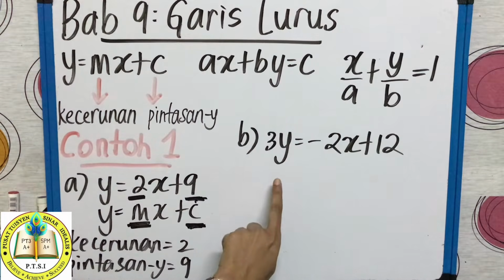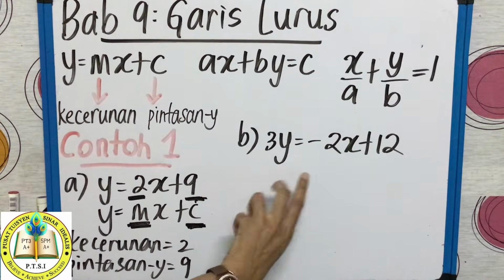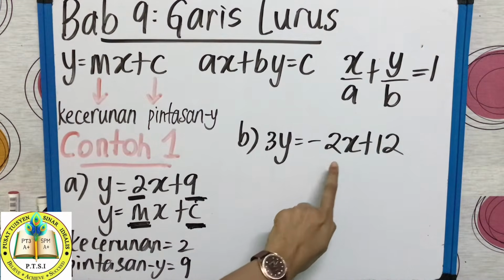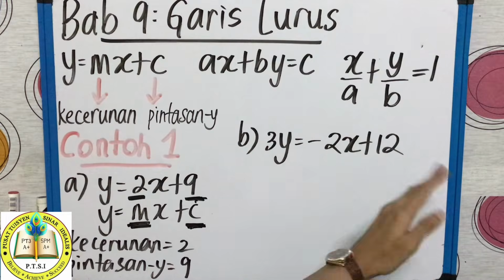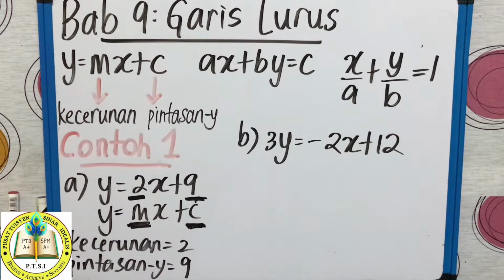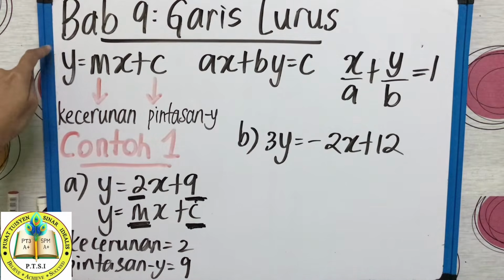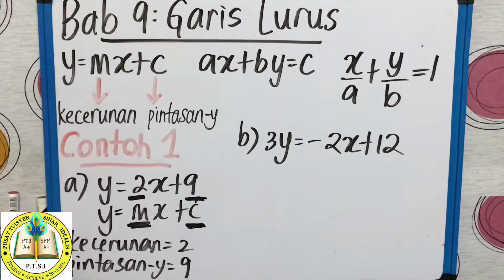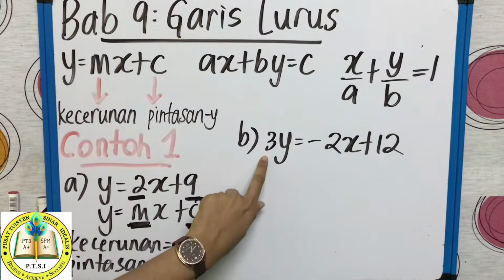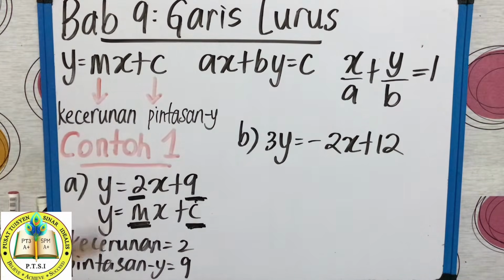So pelajar-pelajar lihat persamaan yang ini. Betul apa? Y sebelah kiri. And the x number sebelah kanan. Betul. Tapi lagi satu apa yang cikgu bagi tahu tadi. Y tu mesti ada satu sahaja di depan. Tak boleh ada nombor lain. It should not have any other numbers. So, yang ini ada 3y. Yang ni y sahaja.